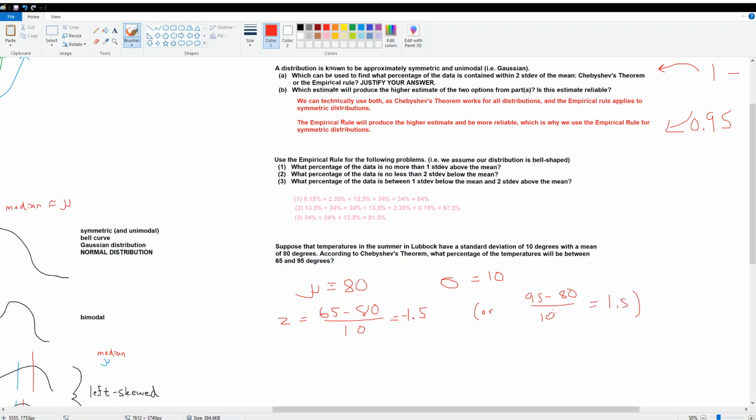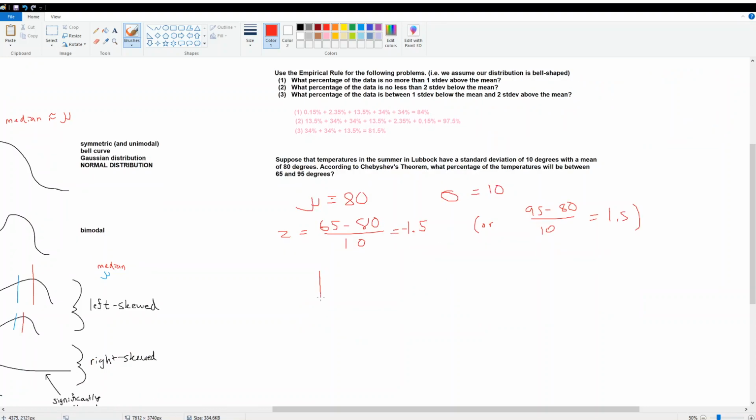However, because we're going to be squaring it, it doesn't matter which one you pick. Chebyshev's states it's going to be 1 minus 1 over z squared. Let's take the negative this time. So 1 minus 1 over 2.25. So it's going to be roughly 55.556%.